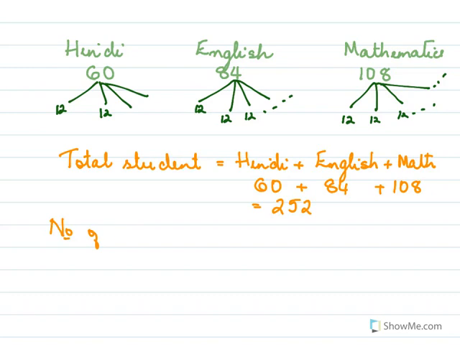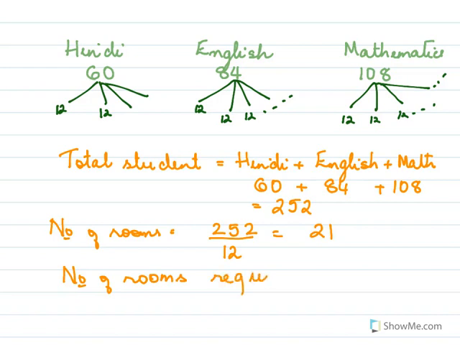Number of rooms required will be 252 over 12 students in each room, that is 21 rooms. So number of rooms required equals 21.